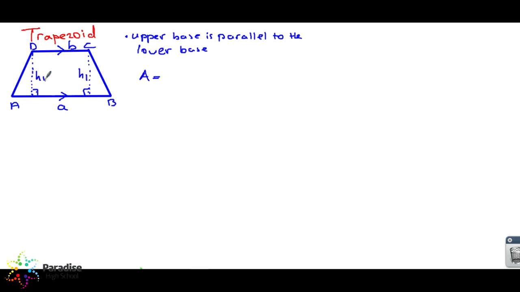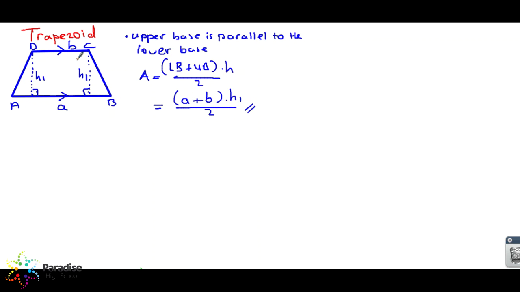So lower base plus upper base, times height, divided by 2. With the letters, it's A plus B times H1 divided by 2. So that's the area of the trapezium.